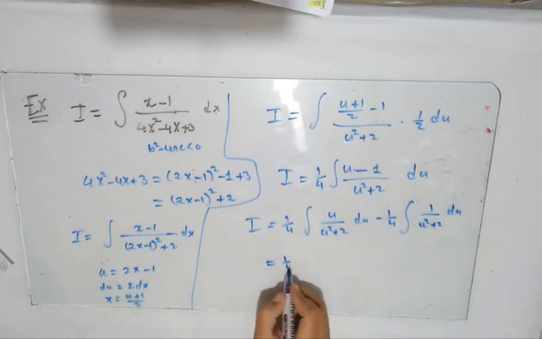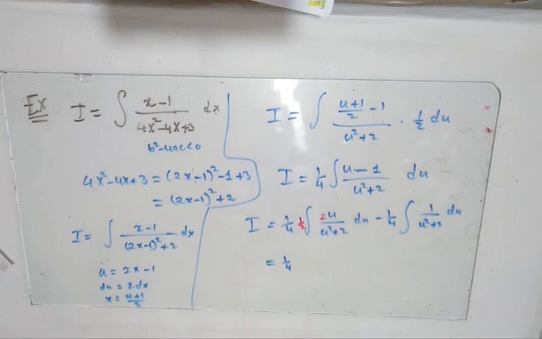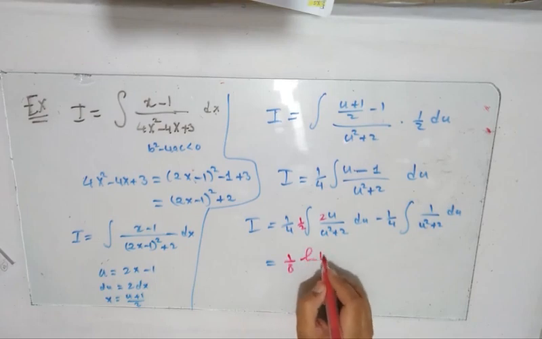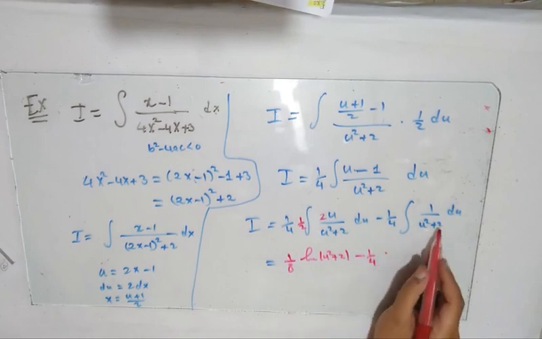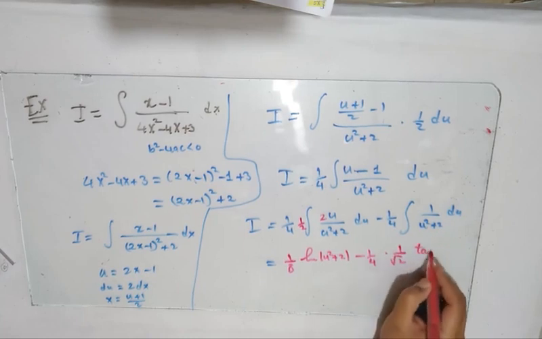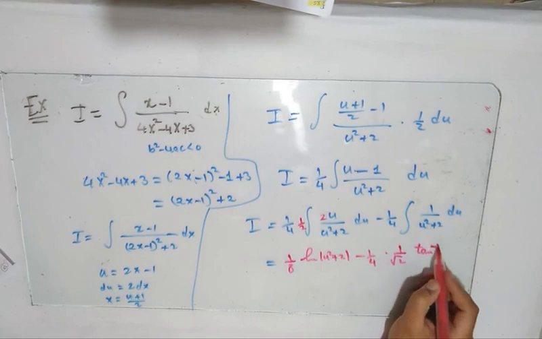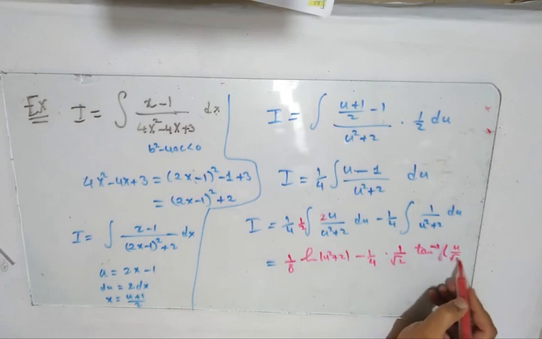For the first one you need a 2 and a half such that the numerator becomes the differentiation of the denominator. So you will have 1 over 8 ln (u squared plus 2) minus 1 over 4 times 1 over the square root of 2, tan inverse of u over the square root of 2, plus constant.